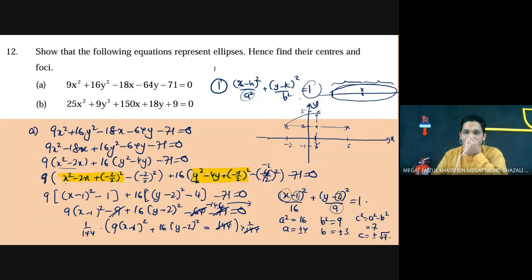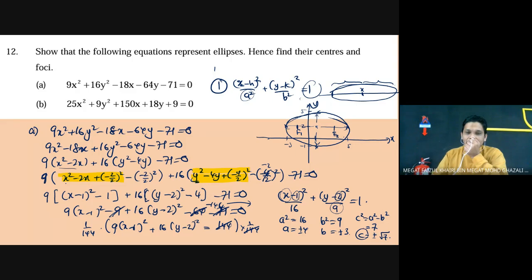So make something like this. Then we call the focus points, two focus points or foci, always on the major axis. Major axis means the inside here, F1 and F2. The focus points are based on c.